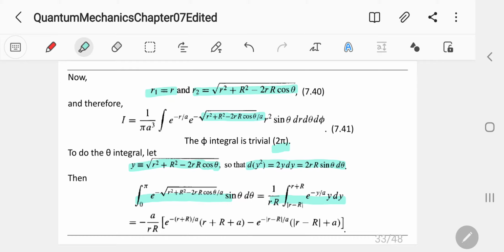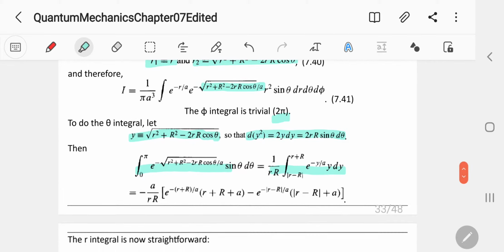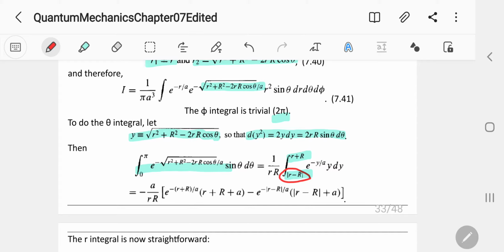And so we have to be very careful with the limits here. This is the absolute value of r minus capital R, and this is r plus capital R. This is the minimum value of r minus capital R. So if you evaluate the theta integral, you'll be able to get this expression.